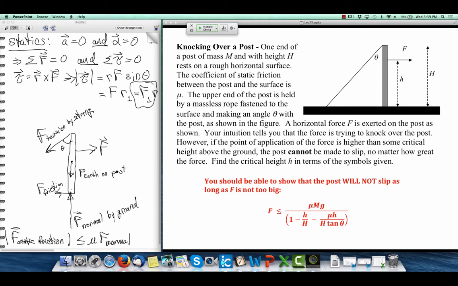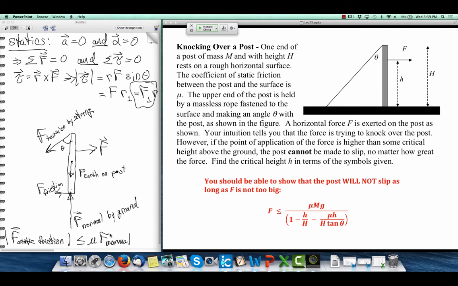Force should not be too big, or else this net force will be, well, the static friction force can't be bigger than that. And if you put that limit in, the biggest static friction force that you can get, you'll find out the biggest force that you can pull without sliding it. And any forces that give you a bigger static friction force are going to pull it over, that require a bigger static friction force. Because the static friction force cannot be bigger than the normal force.